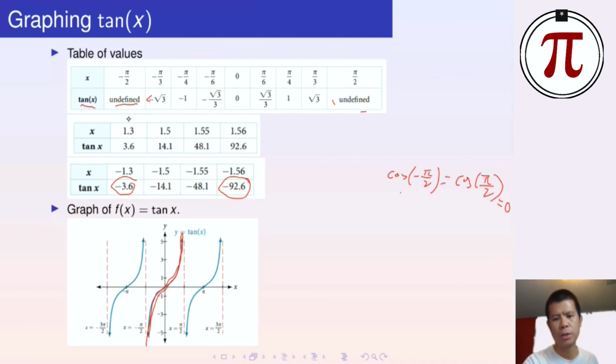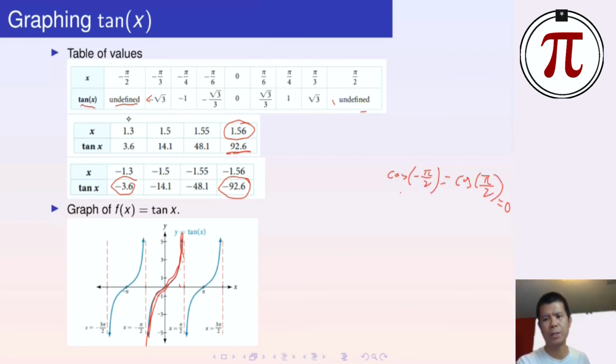So, for instance, when it is 1.56 positive, it's getting about 92. So it's really, really up. So you have these vertical amplitudes.